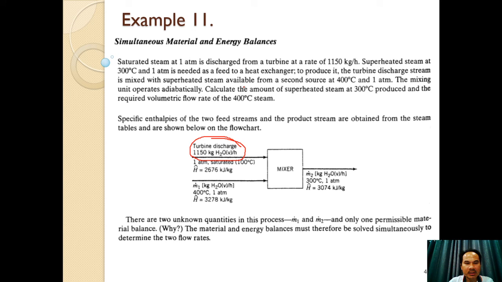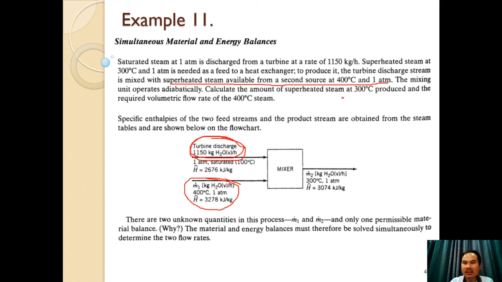We would like to produce the superheated steam by mixing the saturated steam with superheated steam available from a second source at 400 Celsius, 1 atm. We mix the feed vapor of water, 1150 at 1 atm, with the superheated water vapor at 400 Celsius, 1 atm.